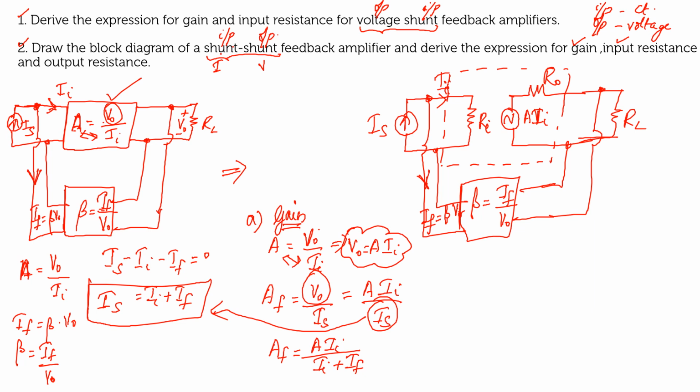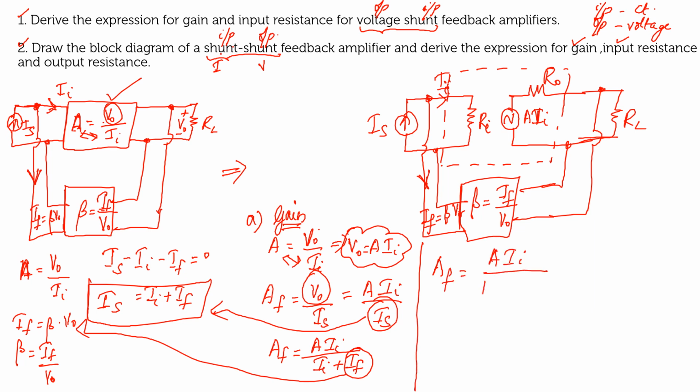Now you know that instead of IF, can we substitute the value? What is your IF? IF will be equal to beta into V naught. So AF will be equal to A into II divided by II plus what is your IF in terms of beta and V naught, which is equal to beta into V naught.